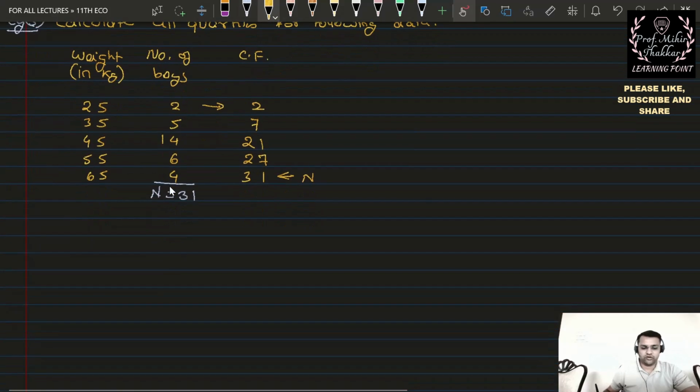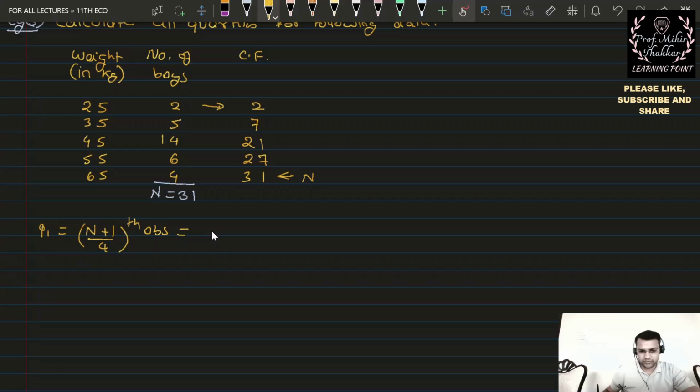So as per your formula, you have to get over here Q1, n plus 1 upon the fourth observation. So n plus 1 is nothing but 31 plus 1, 32, divided by 4, will be equal to the eighth observation.